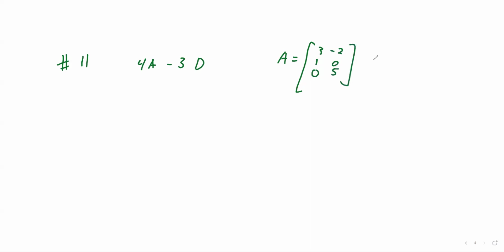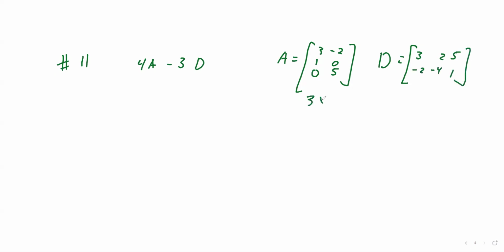Let's do another one. Let's do number 11. This one is 4A minus 3D. All right, let's look at this. So A, again, was 3, 1, 0, negative 2, 0, 5. And D is 3, 2, 5, negative 2, negative 4, 1.